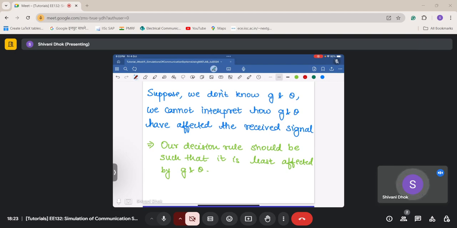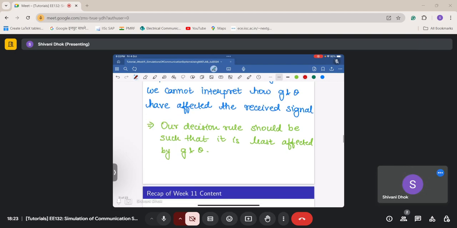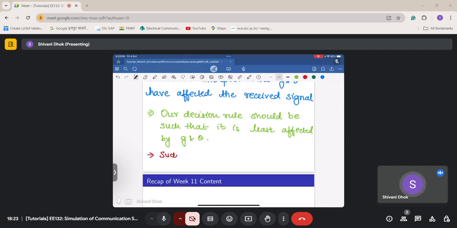Such detection or decision rules are non-coherent detection rules.